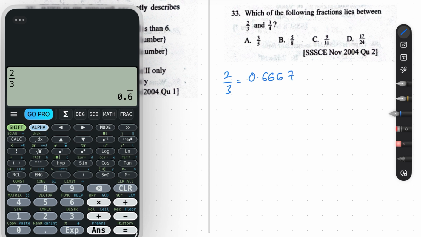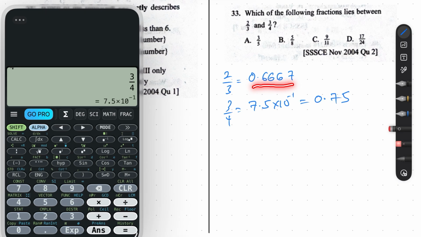Let's stop right there. Now let's do 3/4. 3/4 is equal to 7.5 times 10 to the power -1, which is the same as 0.75. So what you need to find is a number that is between 0.667 and 0.75.